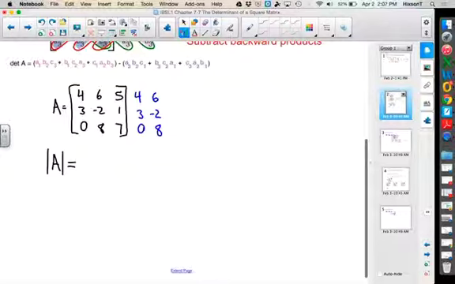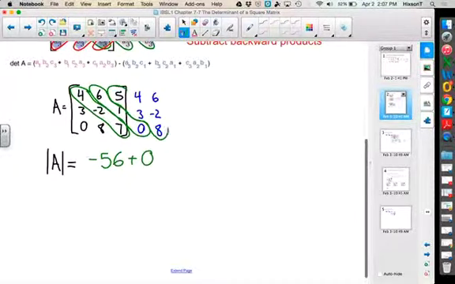So here, 4, negative 2, and 7: 4 times negative 2 times 7 is negative 56. Then 6 times 1 times 0, so we're adding 0. Then 5 times 3 times 8, that's 120, and we add that. Our forward diagonals are done.